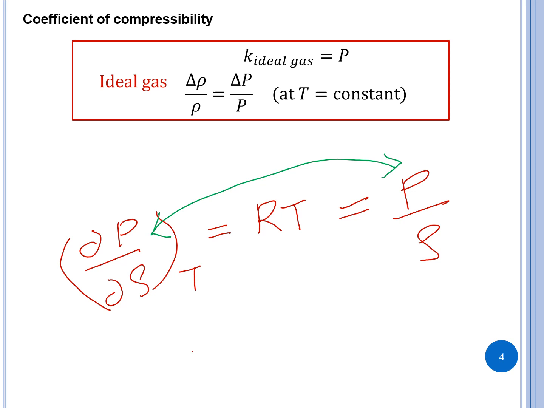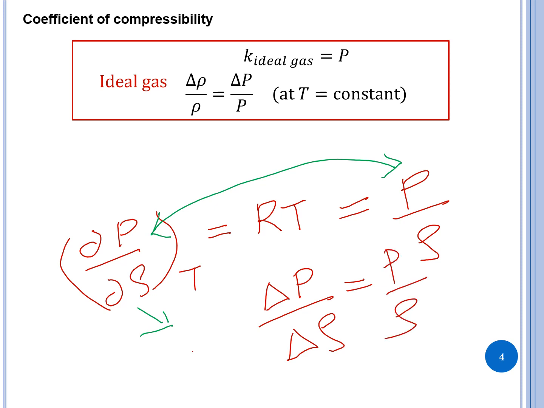As we have learnt already that dP over d rho at constant temperature is basically equal to P over rho for an ideal gas. For finite changes, this part becomes del P over del rho, which is basically equal to P over rho. And rearranging this will yield this expression, which is del rho over rho is equal to del P over P.